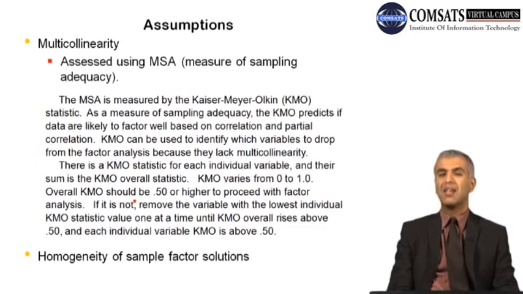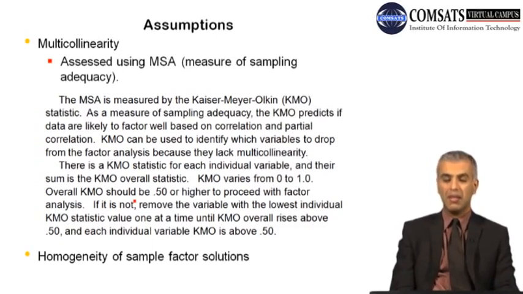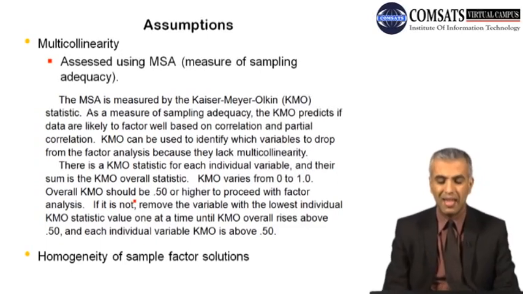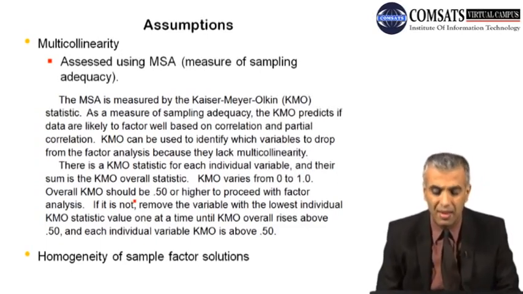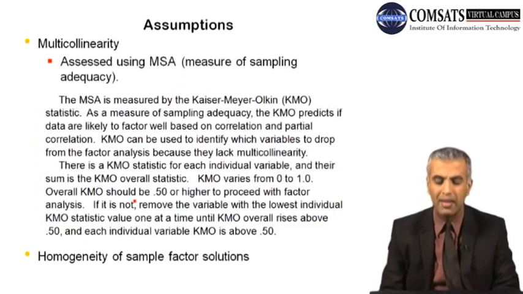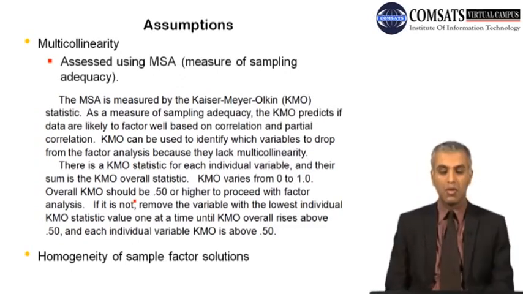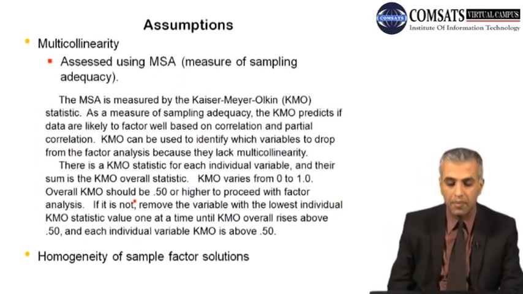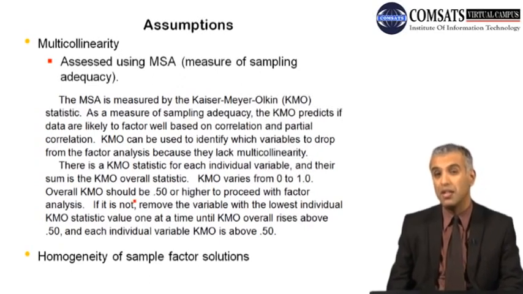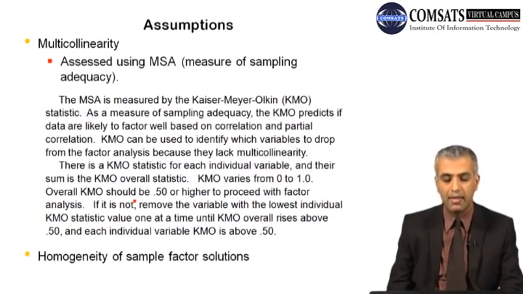So the KMO statistic is used to identify those variables which lack a certain level of multicollinearity. In some tests like regression, multicollinearity is avoided and not suitable, but in an analysis like factor analysis, we do need multicollinearity to some extent. KMO is calculated for the overall intercorrelation among all the variables, and also for each individual variable.